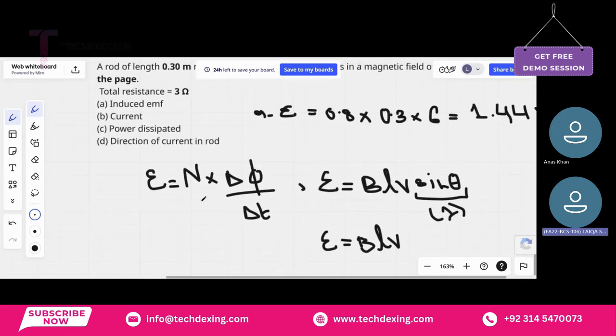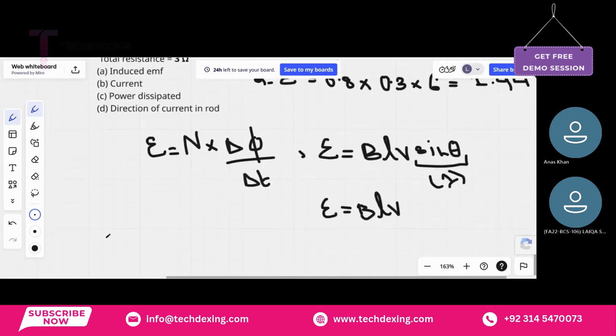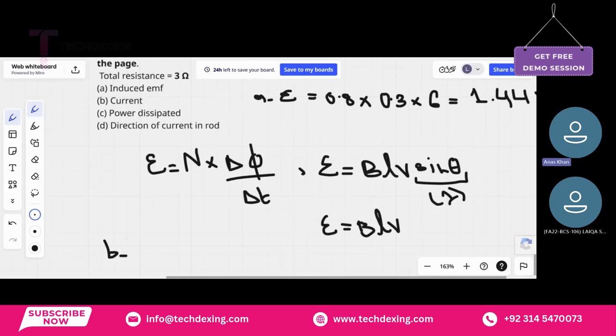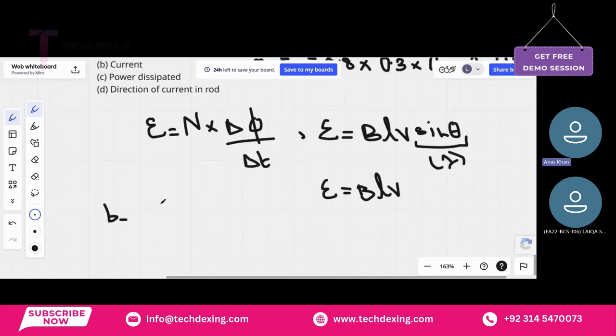Now in part B, we have to find the current. How can we find the current? To find the current here, we can use the formula epsilon equals IR. Very good.